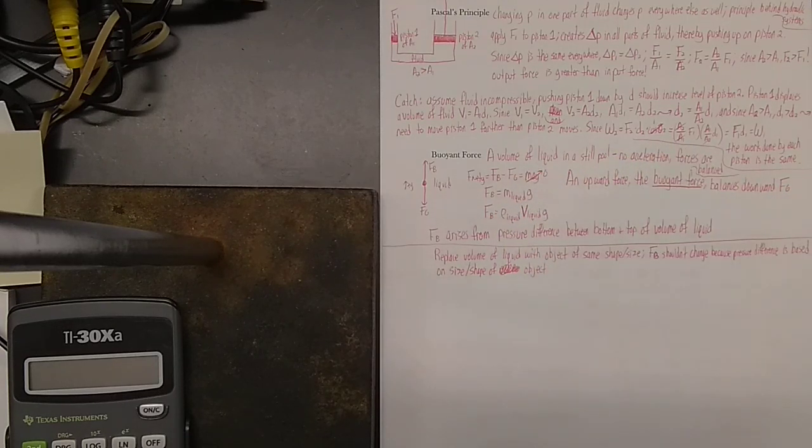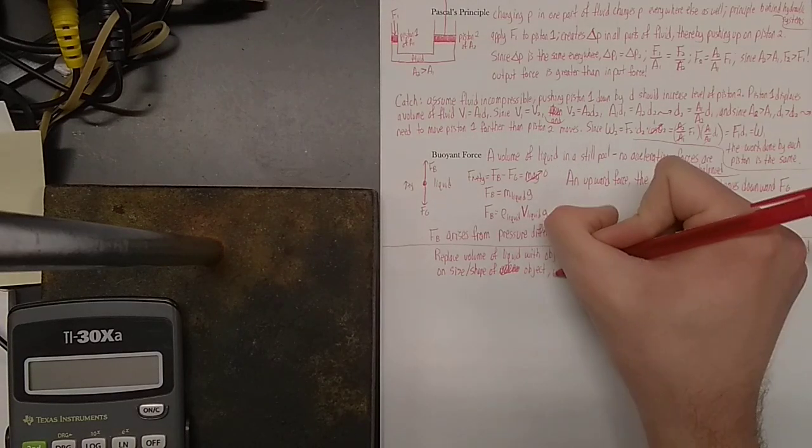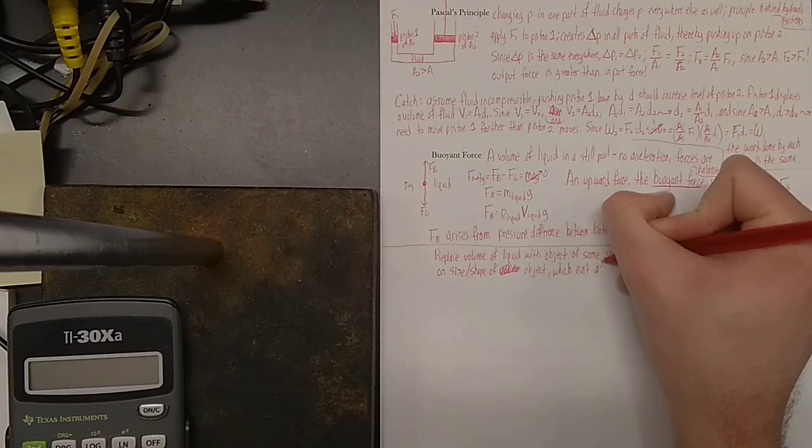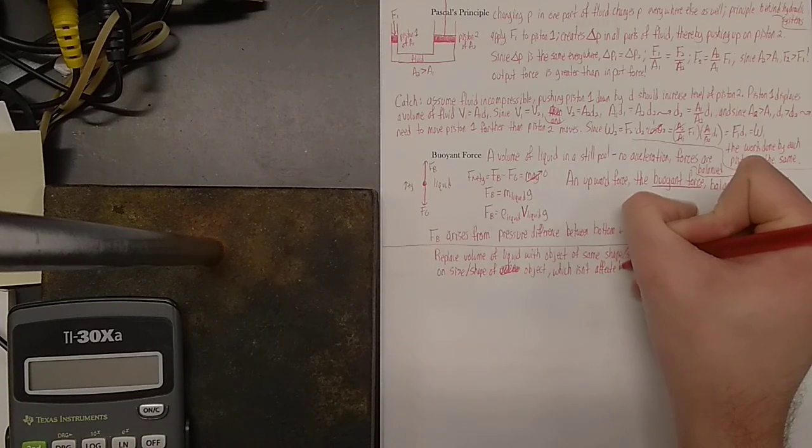And all we've done is change out what type of object is there. Before it was a whole bunch of water, or a whole bunch of liquid, I should say. Now it's just some object, which isn't affected.